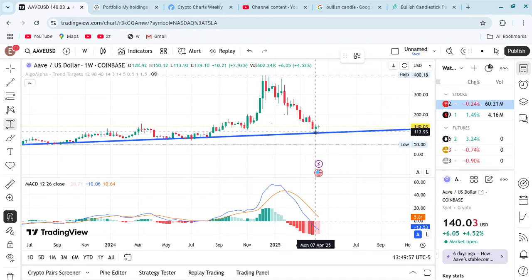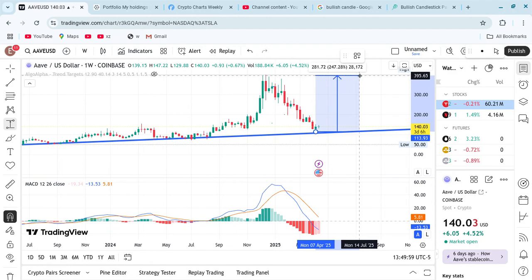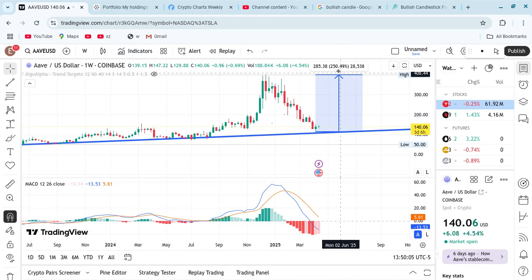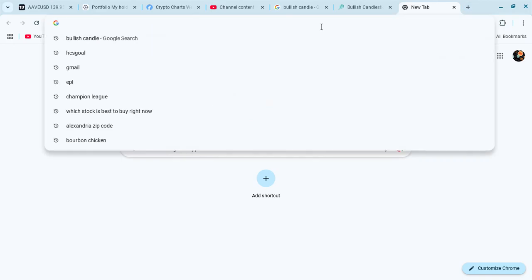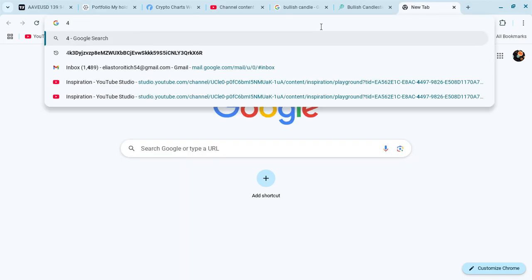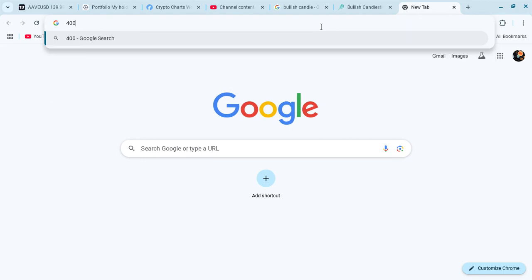So let's call this, we dropped almost 250. So in symbol, let's say if you call it the cap, this coin lost more. When you go to the calculator here, you do 400 minus, we are right now around 140.